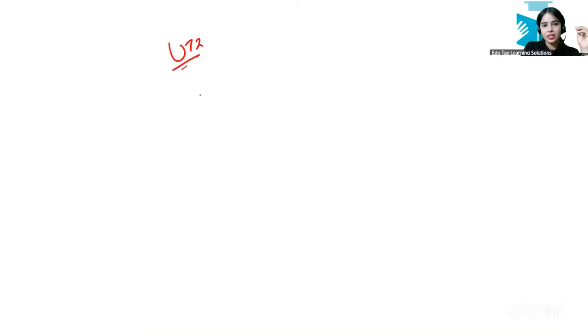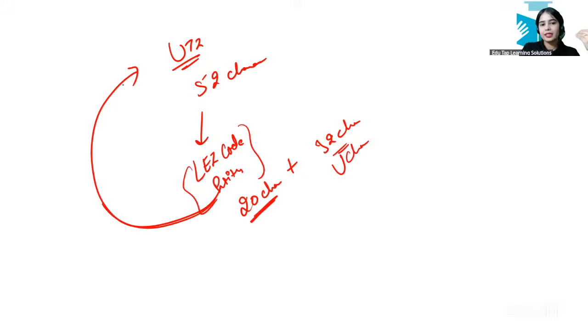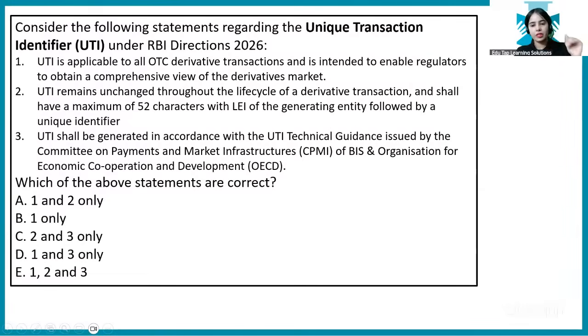UTI is a 52-character code with the LEI code of the entity that has released the UTI. So the LEI code will be 20 characters, and the rest of the 32 characters will be unique characters. Okay. So the starting 20 characters should be the LEI code of the entity that has released the UTI. Which entity will release the UTI, that we will discuss.